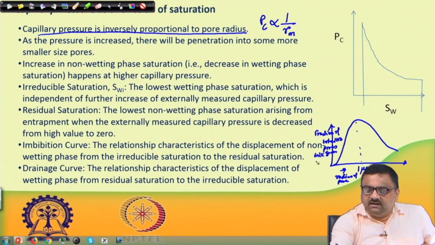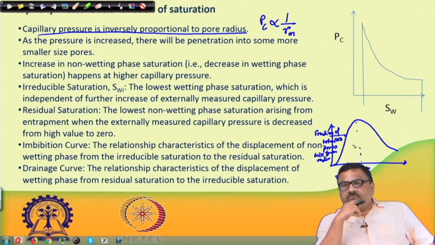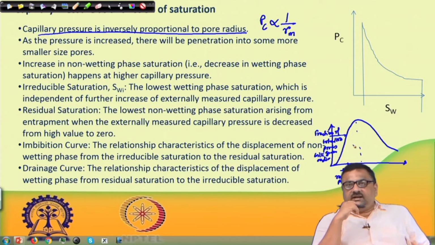That means if there are 100 pores and this number shows 45, then I would say that for this particular radius, which is maybe 0.5 micron, 45% of the pores have 0.5 micron. So, we can have a pore size distribution like this.